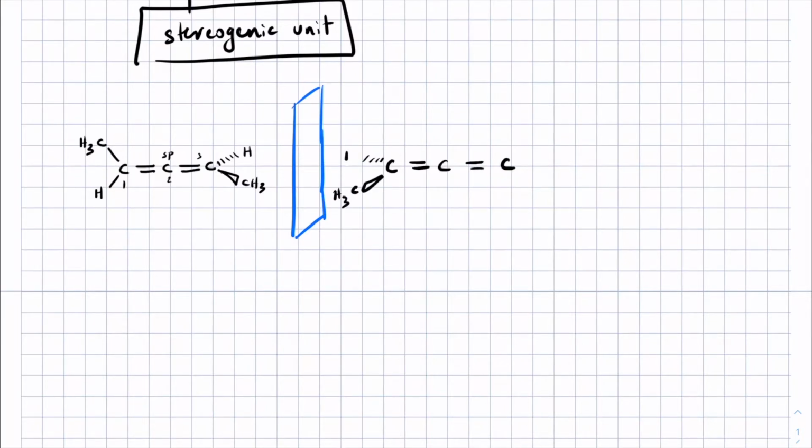and we're going to convince ourselves that there's nothing you can do to interchange A with B. All right? Remember, there's no rotation around double bonds, so those groups are locked into place.